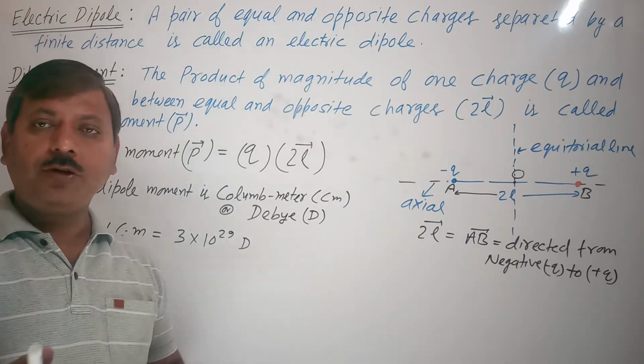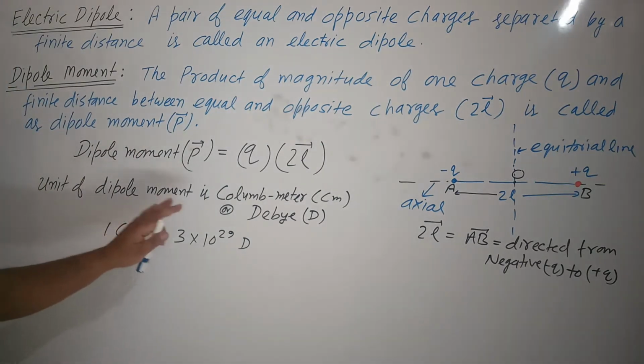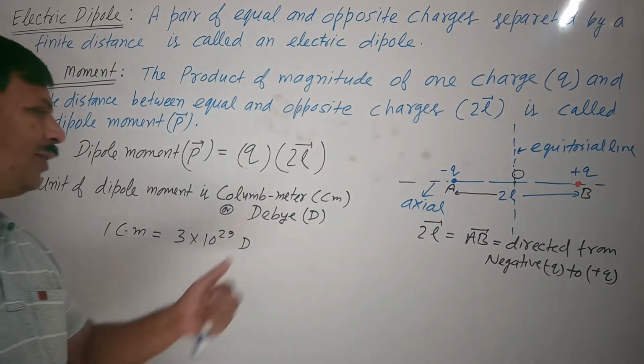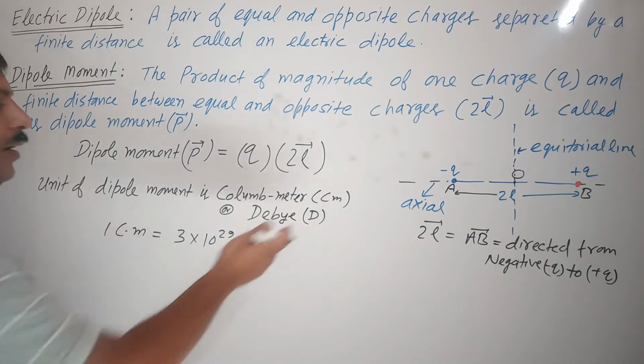See here, when we talk about the unit of dipole moment, it is coulomb meter. Another unit is the debye. What is the relation between them?